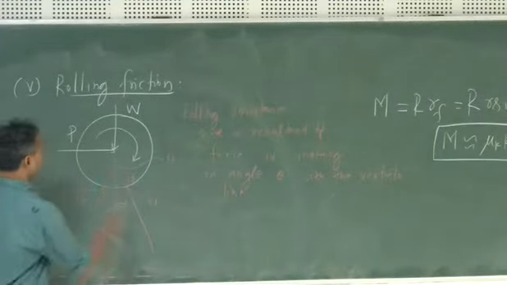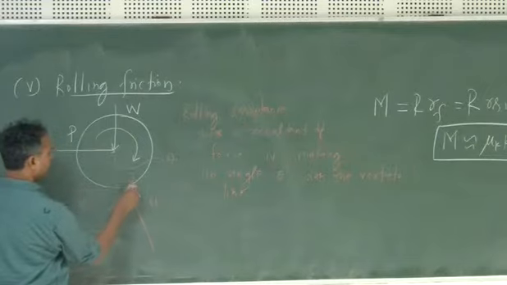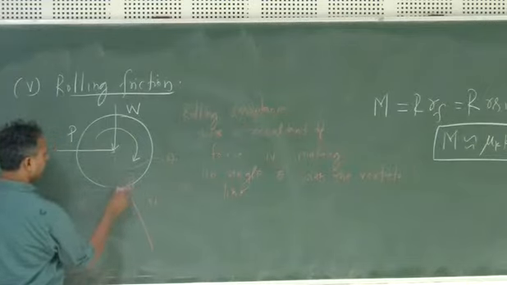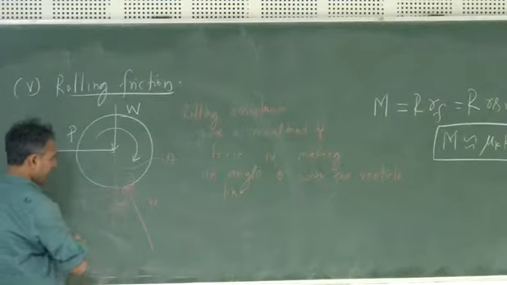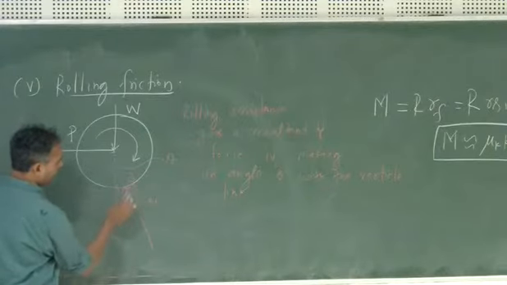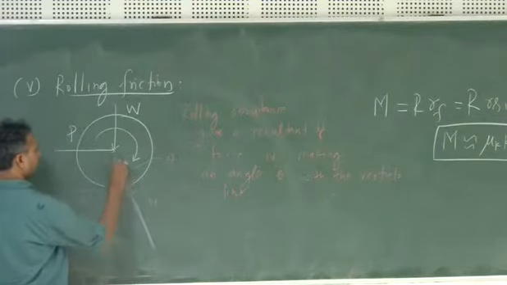So this is your theta; there are so many forces which are acting like this, and the resultant of all of them, which is passing through your center C, is given by N.